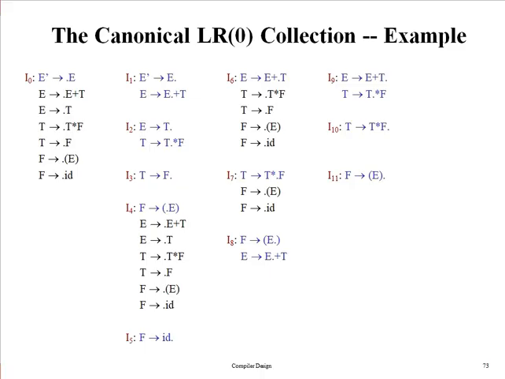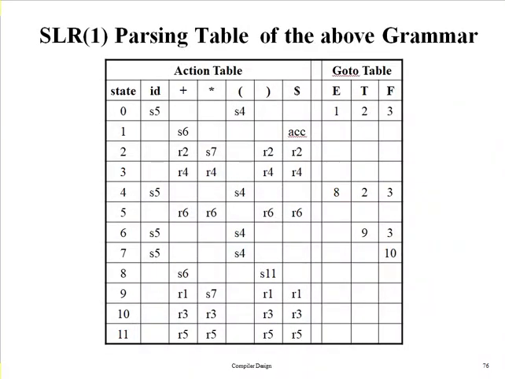Since we have generated 12 items, the resultant SLR parsing table will have 12 rows, or 12 states. So we should structure the SLR parsing table with an action part.